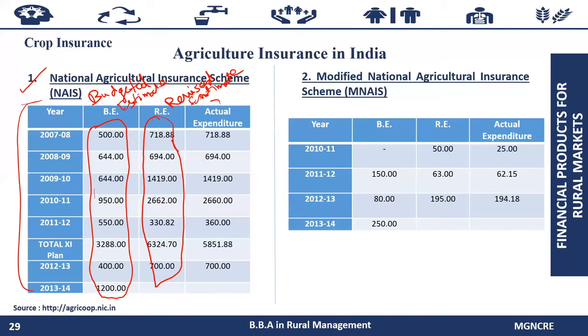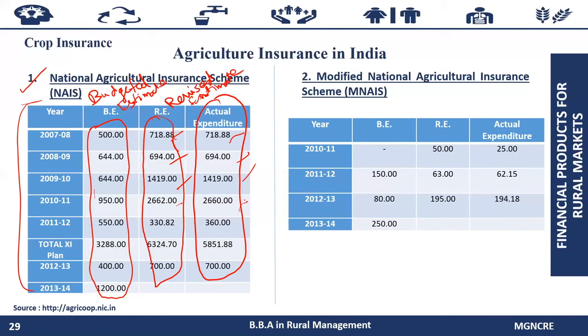If you see the revised estimate and actual expenditure, both are almost the same. So basically, the revised estimate is equal to the actual expenditure in many cases.